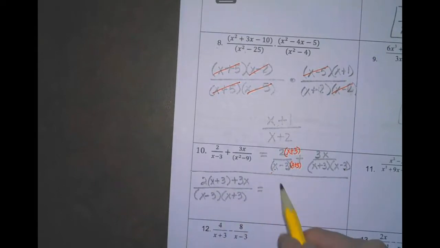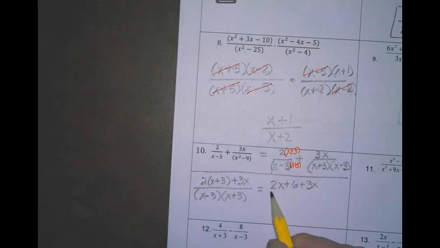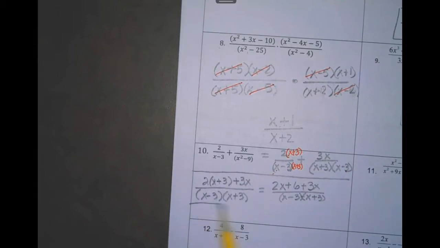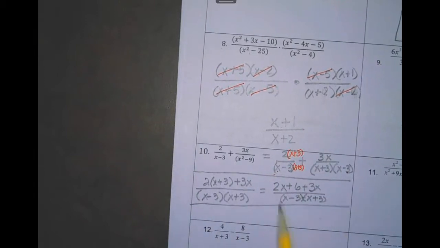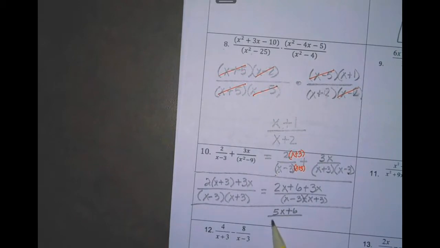When I distribute that, that's going to be 2x plus 6 plus 3x over the common denominator. For my final answer, I need to combine like terms. 5x plus 6 over the common denominator.